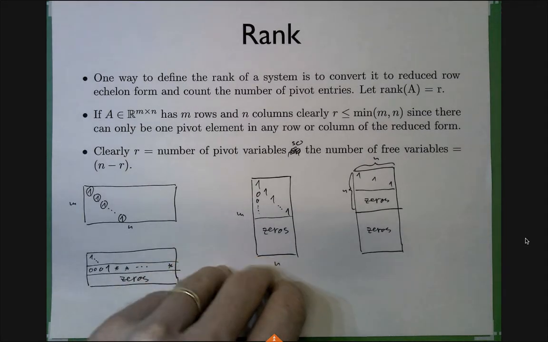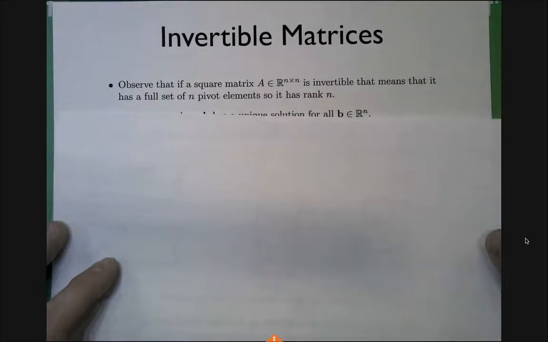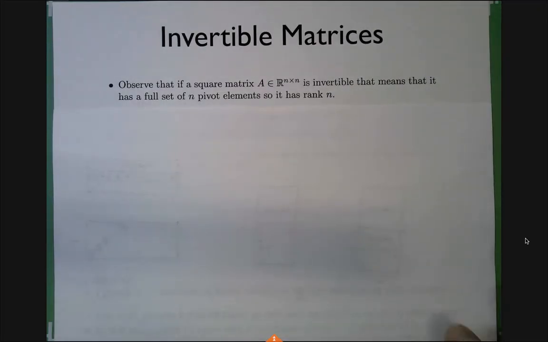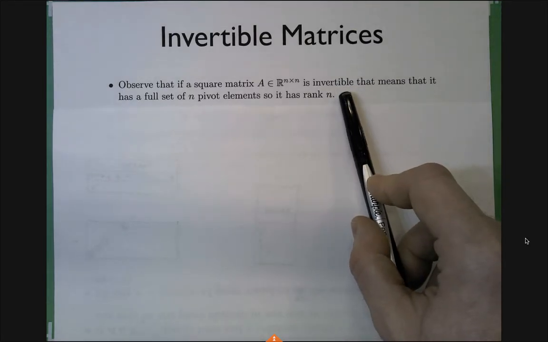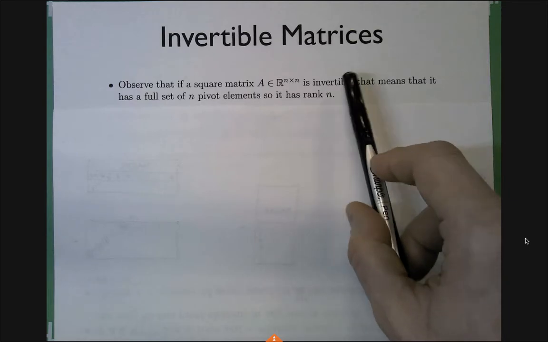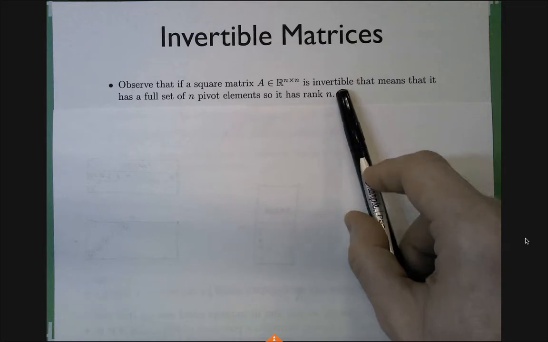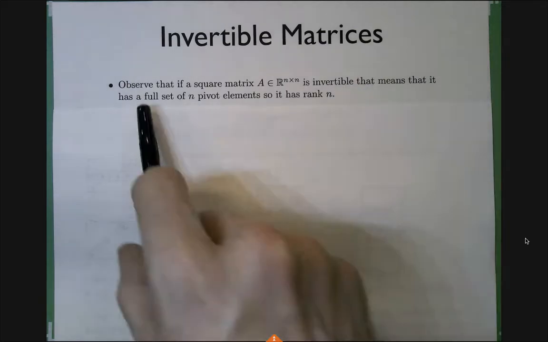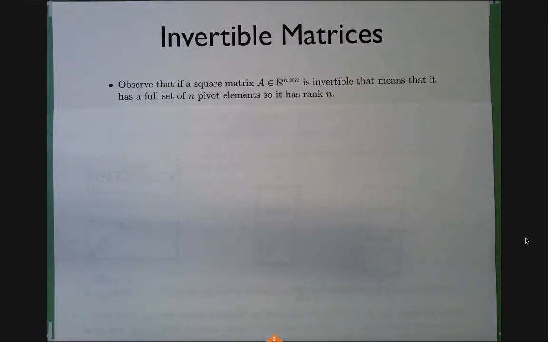So in the special case of square matrices, this relates to what we talked about before about invertible matrices. What does it mean for square matrices? It means that the matrix is invertible if and only if it has a full set of pivot elements, if it has n pivot elements, if it has rank n.